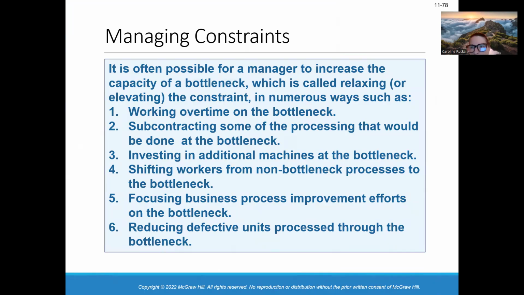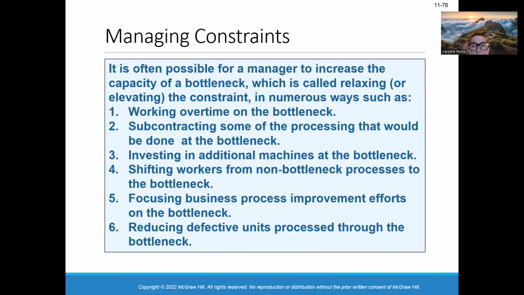If your issue is man hours, you can work people overtime. You can subcontract out some of your labor. You could buy additional machines if machine hours are the issue, or you could shift workers off of the non-bottleneck processes, places where you have excess capacity, and move those workers over to the bottleneck areas.